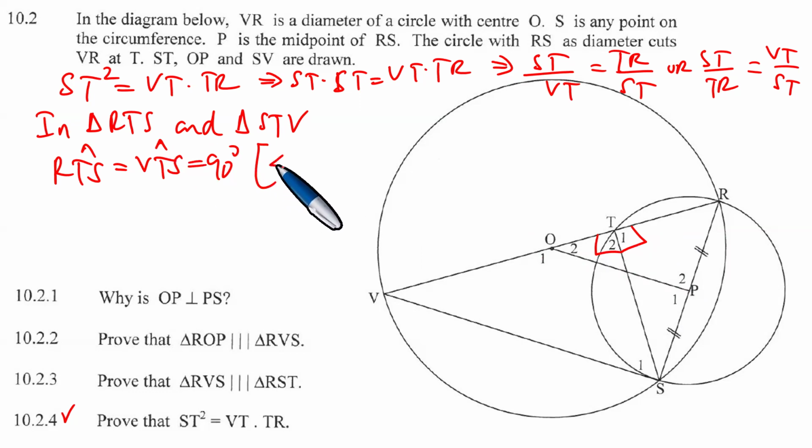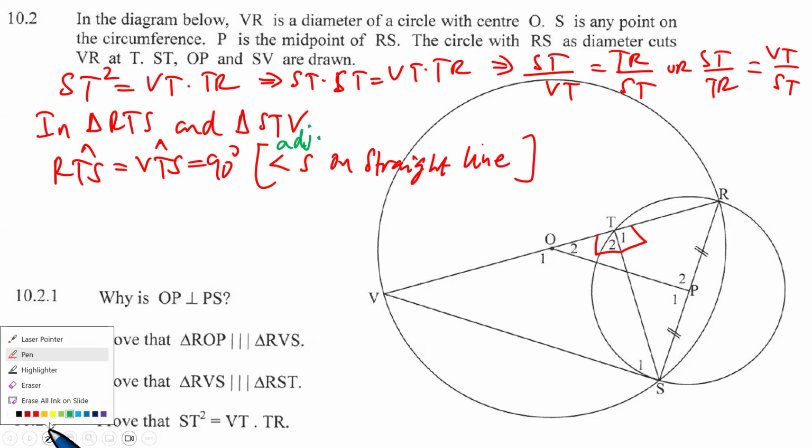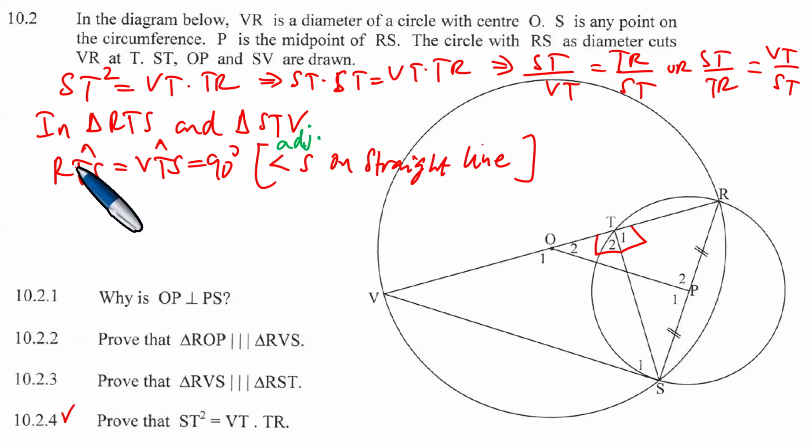So you see, the reason we state here is that these are angles on a straight line, essentially adjacent angles on a straight line. So that in the end, we have this. Angle R.